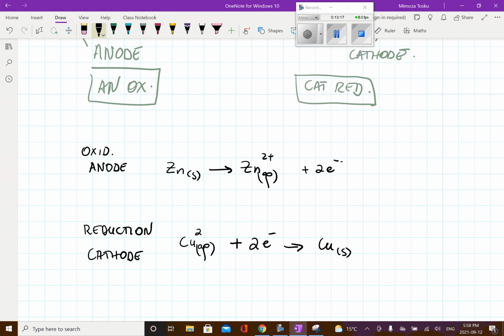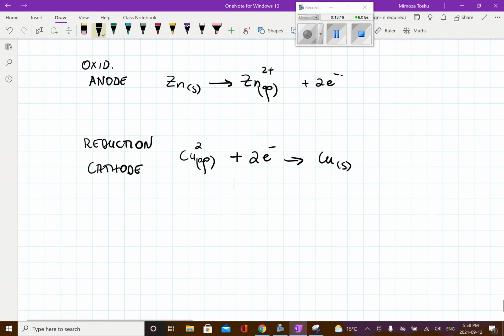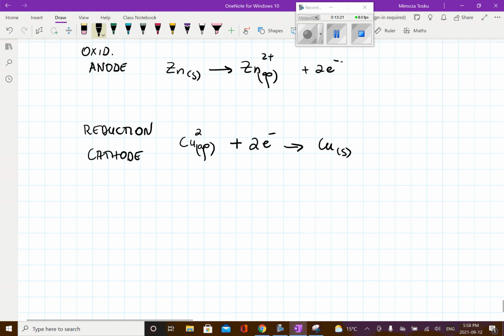However, it is very important to know how to represent a voltaic cell in cell notation. Cell notation is nothing but a shorthand abbreviation of the chemical reaction in the voltaic cell. So it's telling what is happening without drawing the cell as we draw it in this lesson.